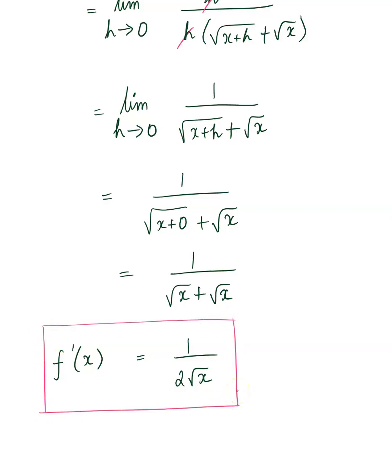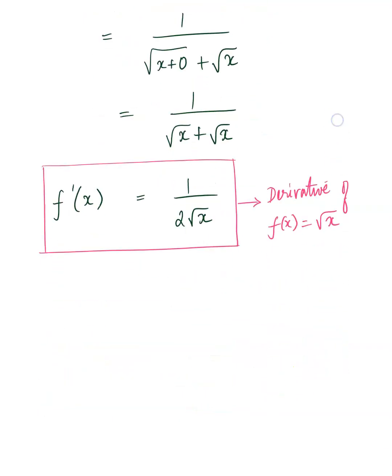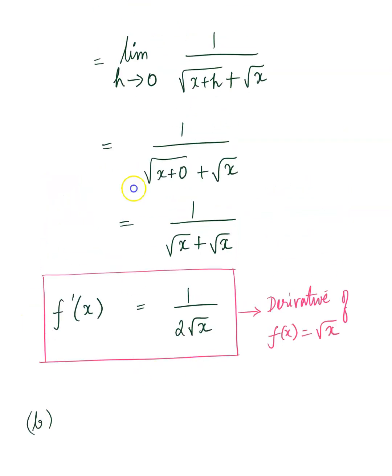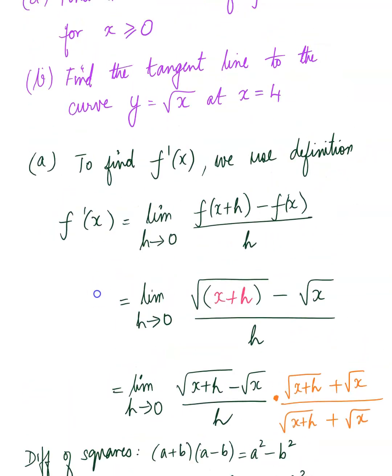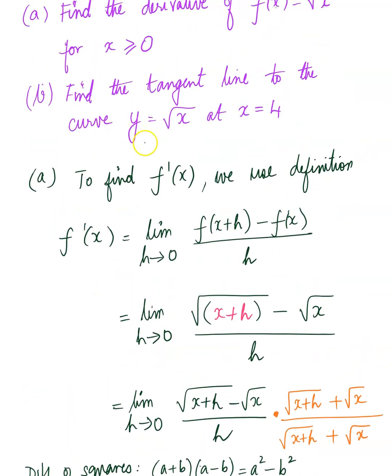So this was part A. This is the derivative of f of x, which was square root of x. Then we go to part B. Let's go back and see what part B said. Find the tangent line to the curve y equals square root of x at x equals 4.